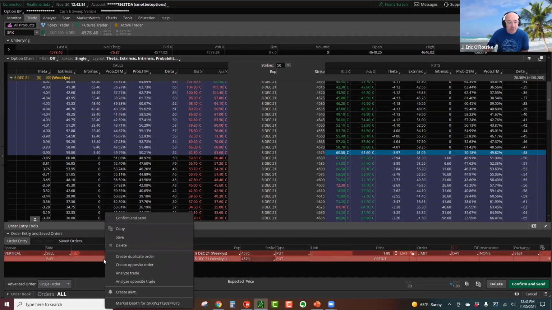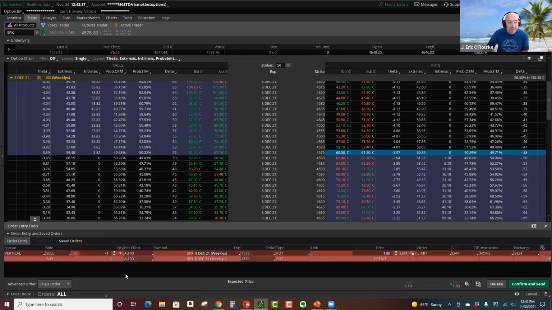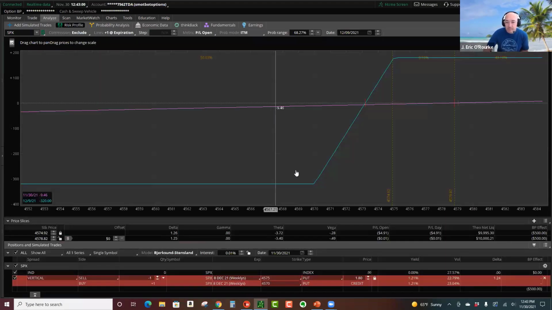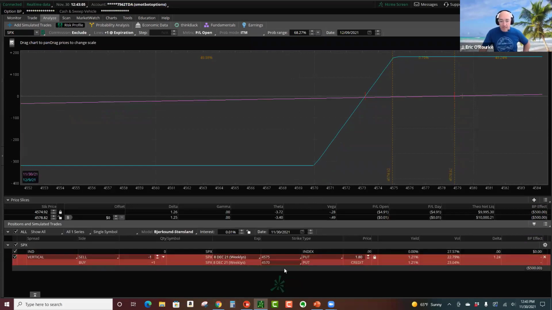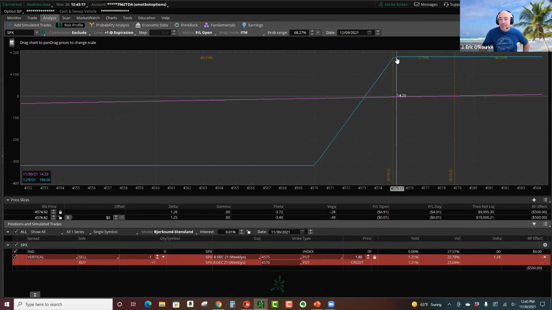So let's do that for a minute. I'm going to analyze this trade. If I sell the 45.75 and 45.70 and collect the $1.80, this is a 5 wide spread. Five wide means $500.